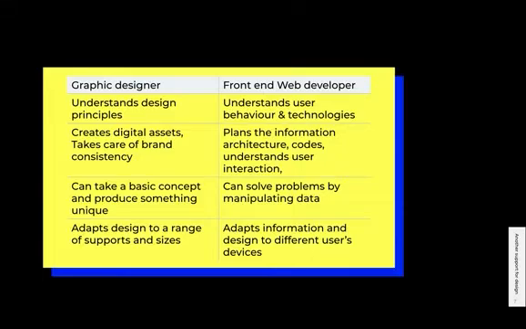What is the code that's going to make it possible for that information to be displayed, and how are users interacting with it? So you see there are some linking points between what is being put on the table, but at the same time you start seeing some differences.